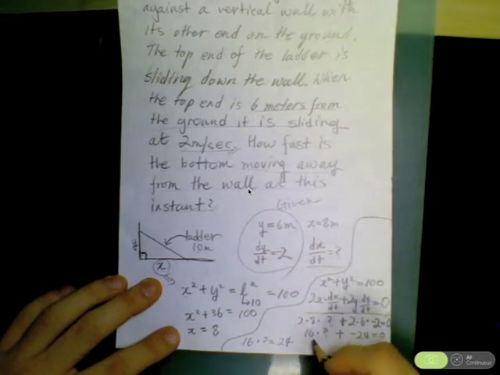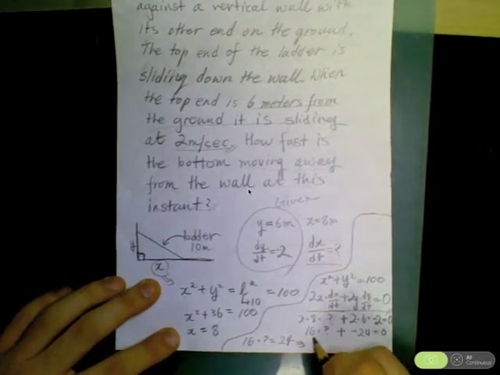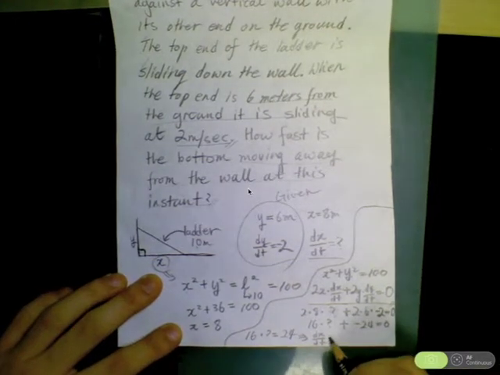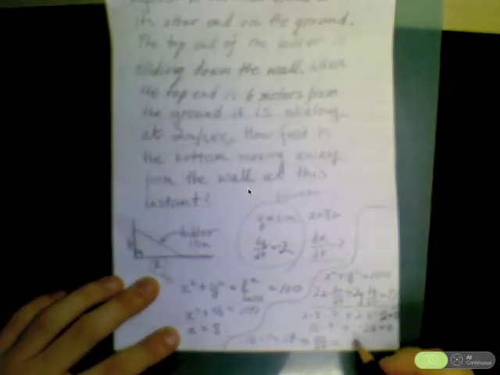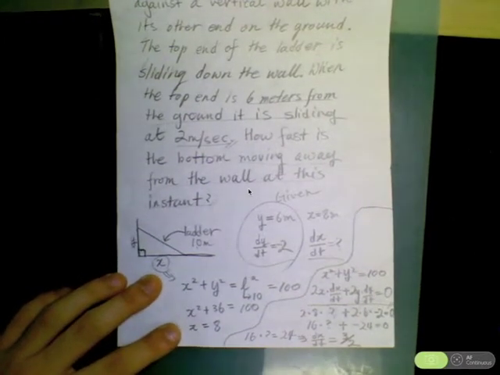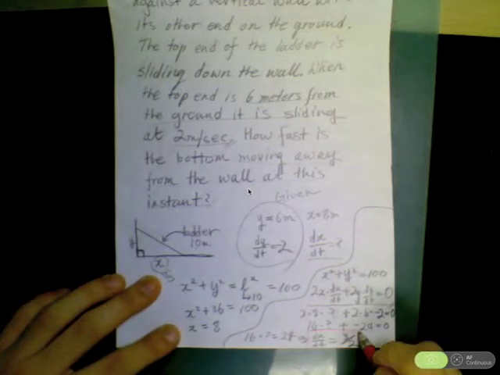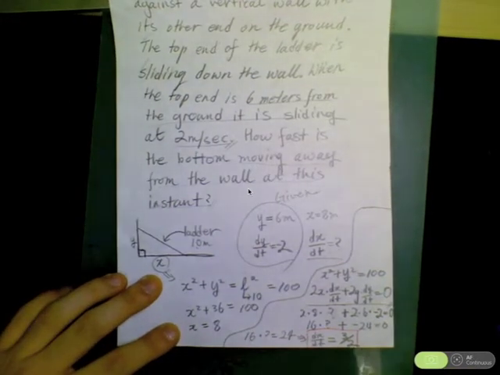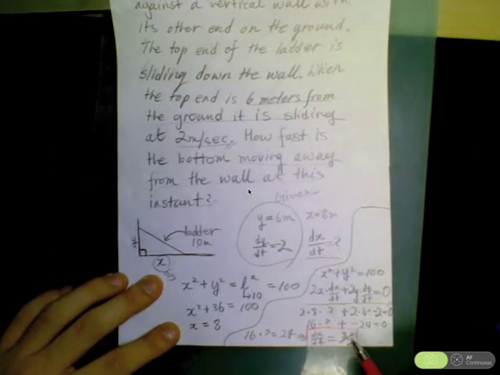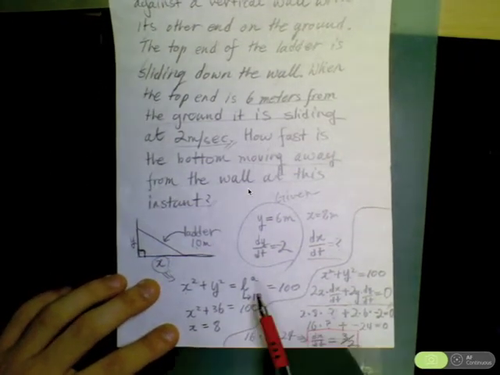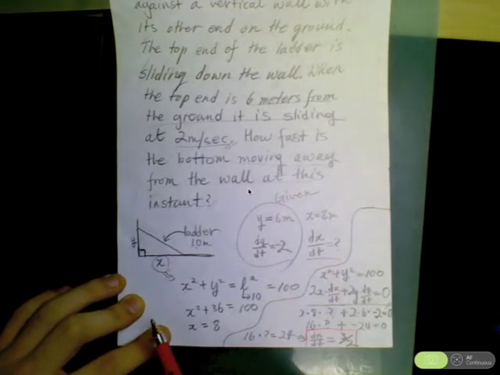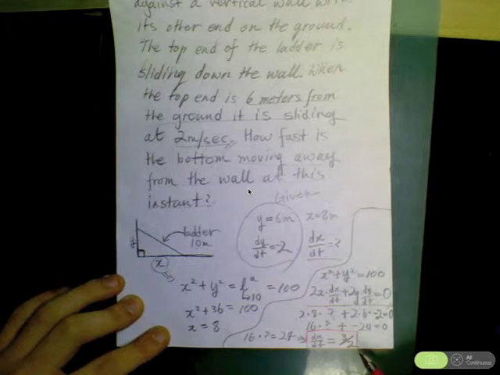So in other words, if we solve this, dx over dt would be 3 over 2. And that's our answer right over there. So we've got the answer. dx over dt is 3 over 2. The bottom of the ladder is moving away from the wall at 3 over 2 meters per second.